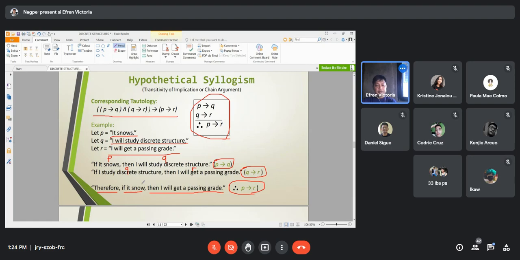Kapag nagka-snow, aaralin niya discrete structure, then he will get a passing grade. So this is a valid argument under hypothetical syllogism.